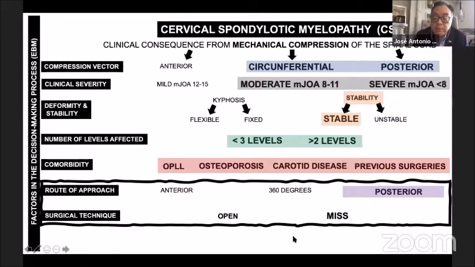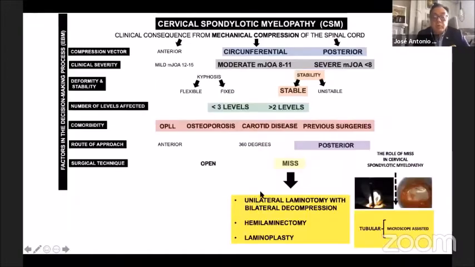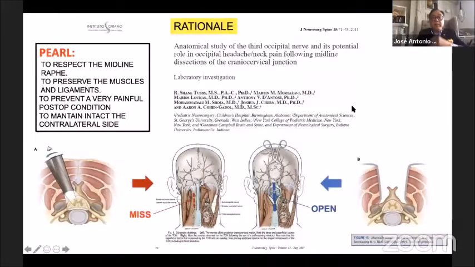The posterior approach could be made by open or MIS approach. If we choose the MIS approach, we are talking specifically about 3 techniques: unilateral laminotomy with bilateral decompression, hemilaminectomy, or laminoplasty. All of them by tubular approach, microscopic assisted. So I'm going to talk about these techniques.